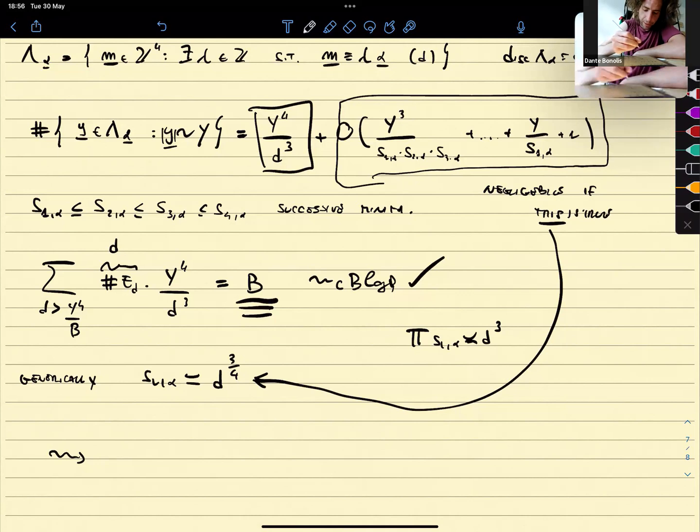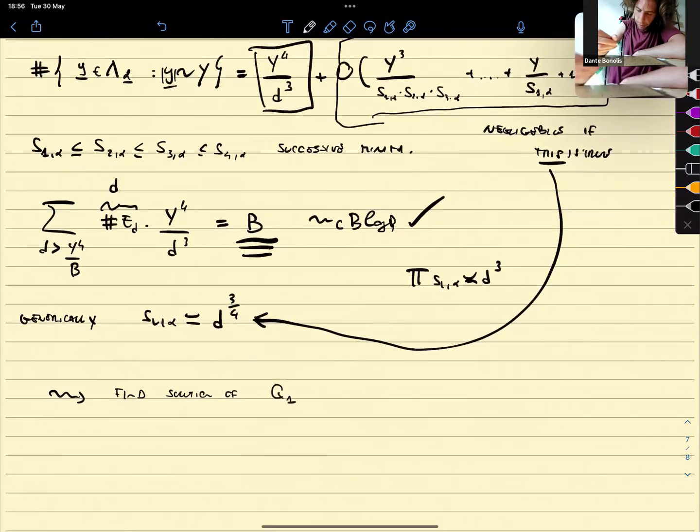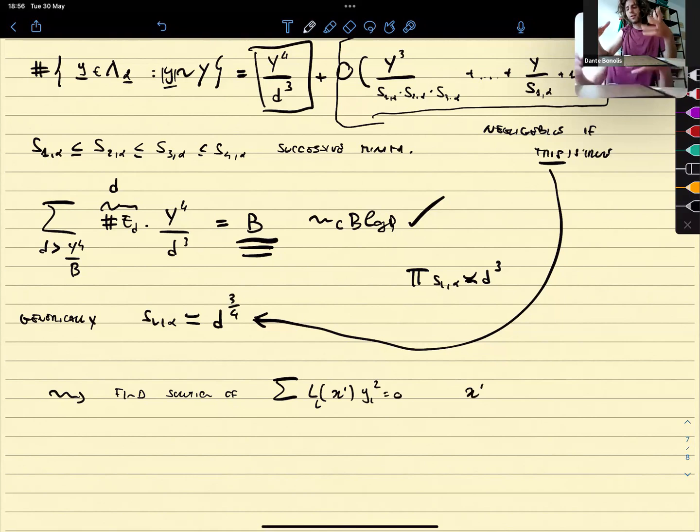The idea is that we need to find solutions of the equation where x, basically we have this new variable, but this new variable is very short.